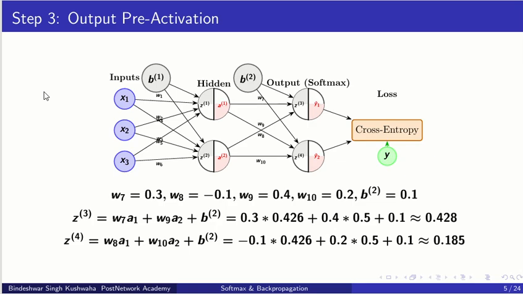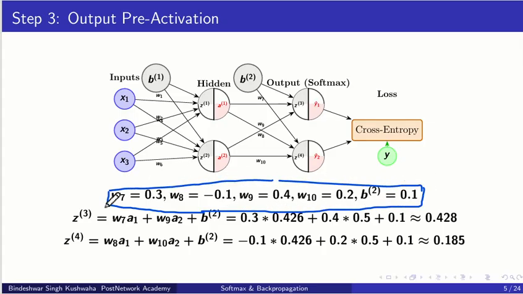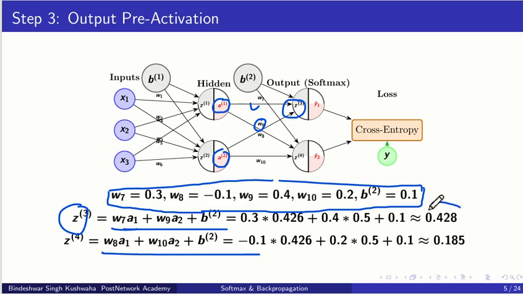Here W7 and these random weights we have taken, and one bias. Z3 is W7 into A1 plus W9 into A2, and those will be used for computing Z3, and the same way Z4, and we will get these values.